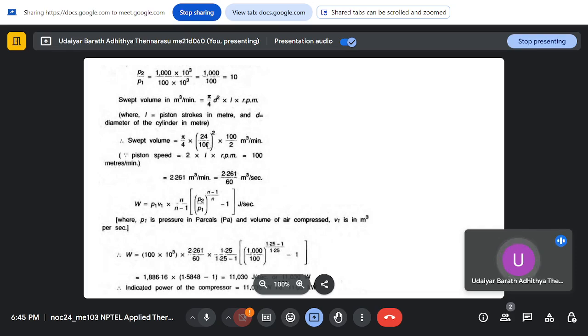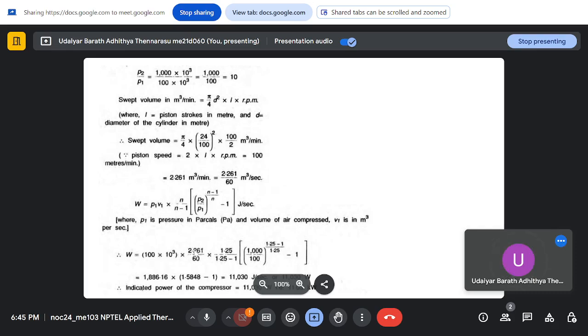So the work of compression is P1 V1 into n by n minus 1 into the pressure ratio raised to power n minus 1 by n, minus 1, joule per second, where P1 is pressure in Pascal and V1 is the volume of air compressed. Substituting, the inlet pressure is 100 into 10 power 3 into the volume flow rate.